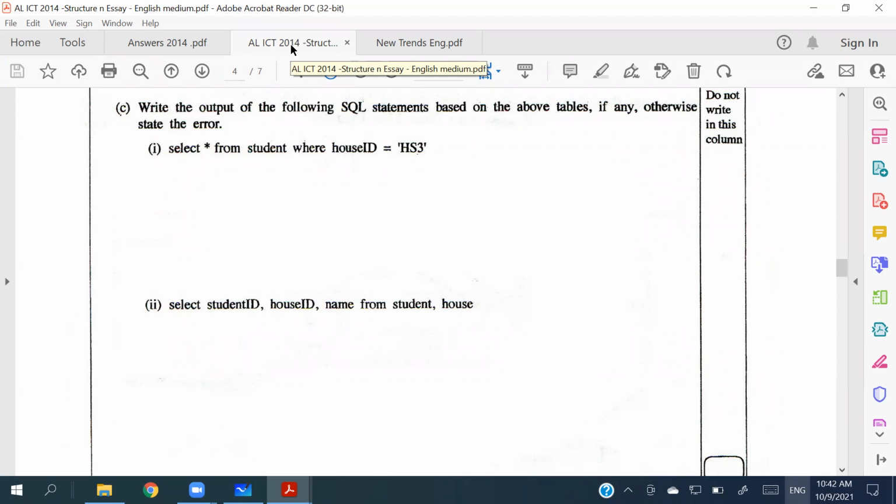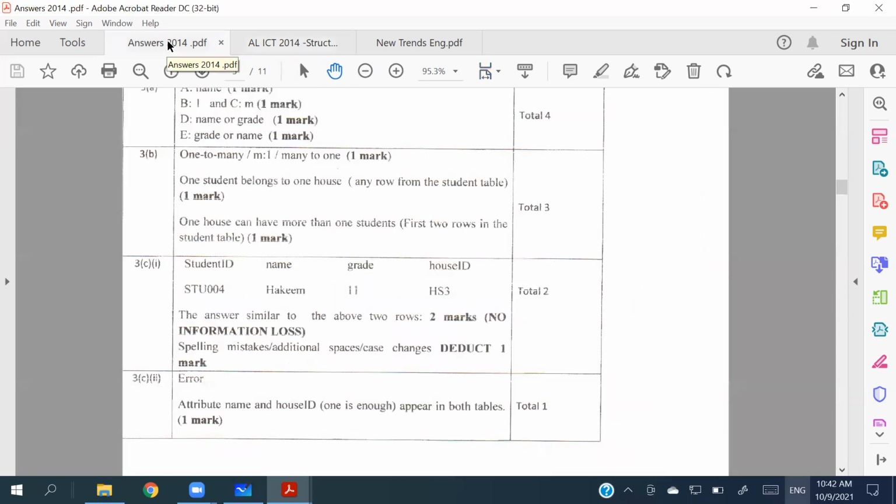The problem occurs with house ID, because house ID is there in both the tables. Then of course we have to specify clearly which house ID we are going to use. Is it the house table's house ID, or the student table's house ID? So your answer should illustrate that.